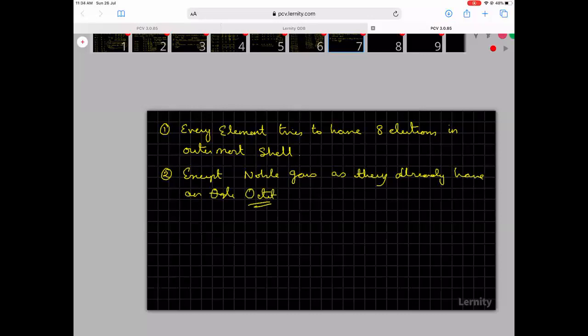So every other element wants to attain noble gas configuration.